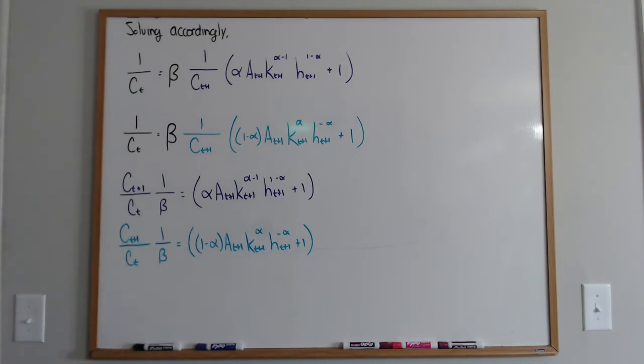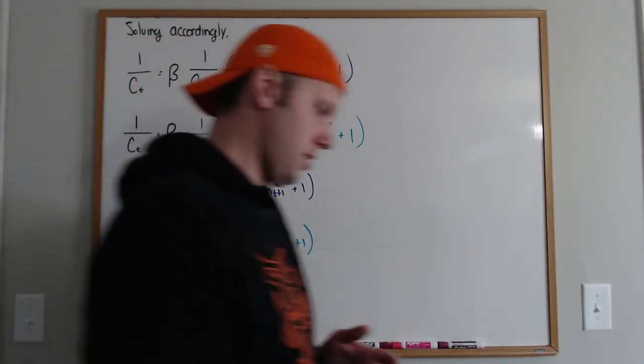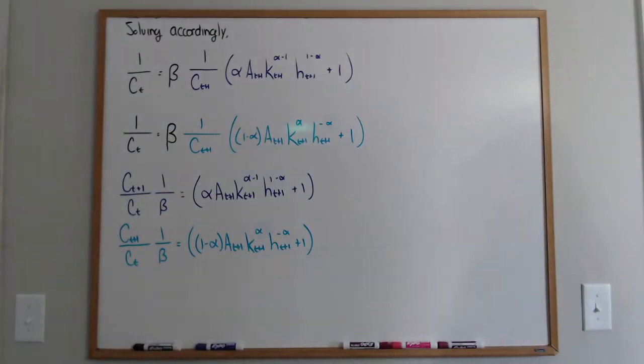Now the cool thing is, by this Euler equation, the left-hand sides of the purple and the blue equations are equal to each other: CT plus 1 over CT times 1 over beta. Those two are equal to each other.